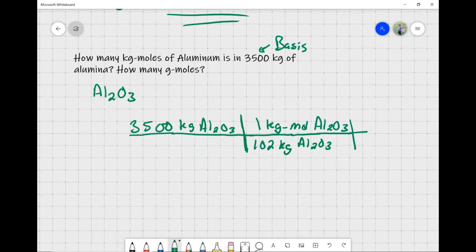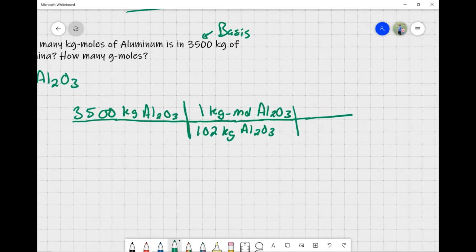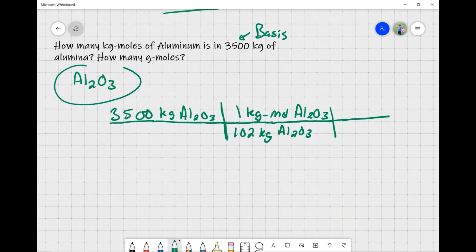Based on this chemical formula, we know the relationship between the number of moles of aluminum and the number of moles of alumina, because we're looking for aluminum in this case.